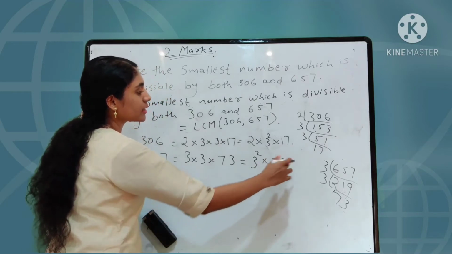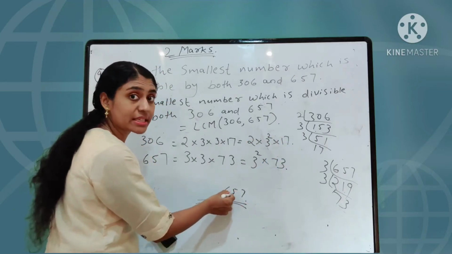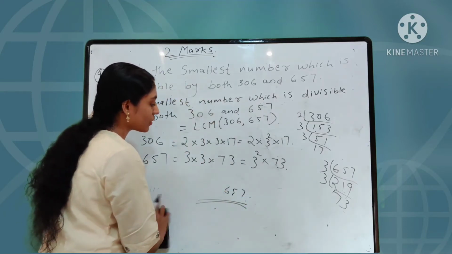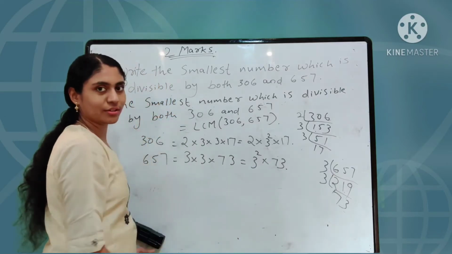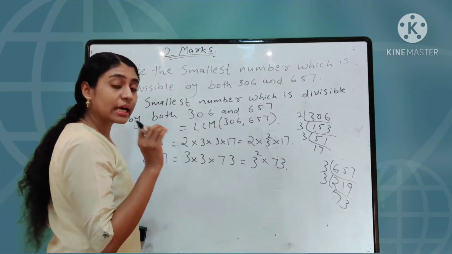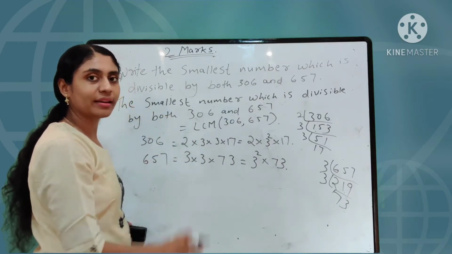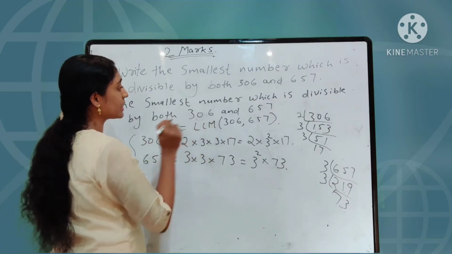Again, 657 is divisible by 3. How to find this? 6 plus 5 is 11, 11 plus 7 is 18, and 18 is divisible by 3. So like that, you have to check whether the given number is divisible by 3 or not. And if the last digit of a number is even, then it is definitely divisible by 2. So we got the prime factors of 306 and 657.